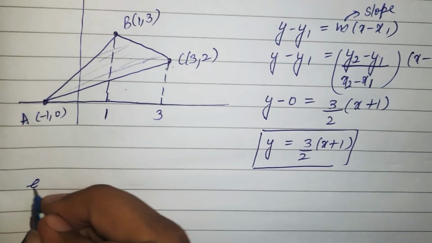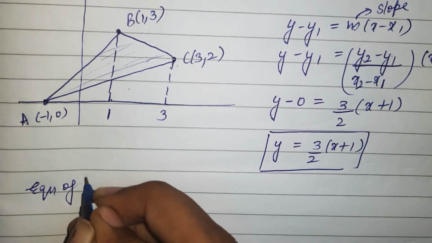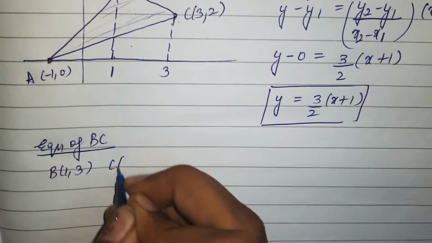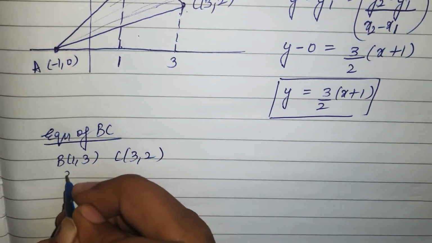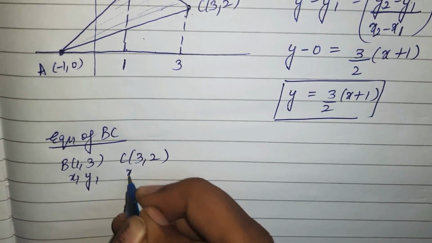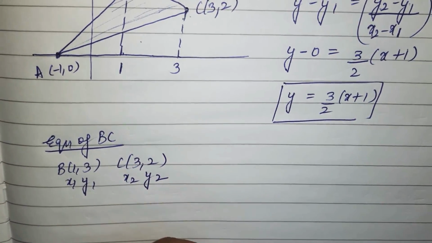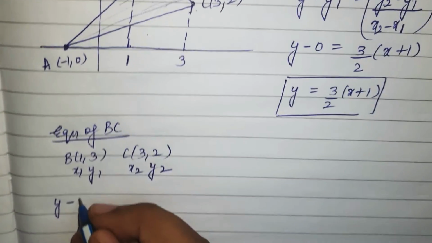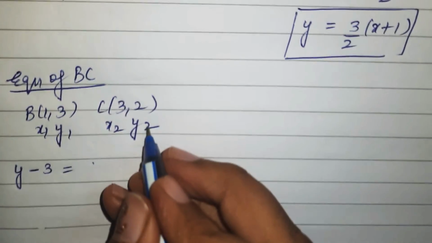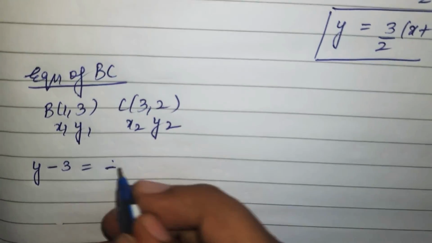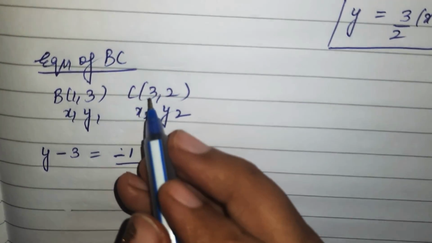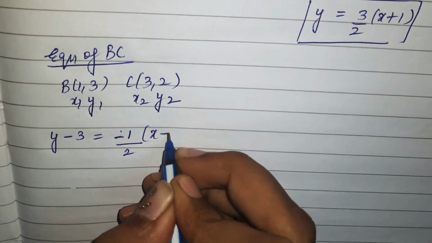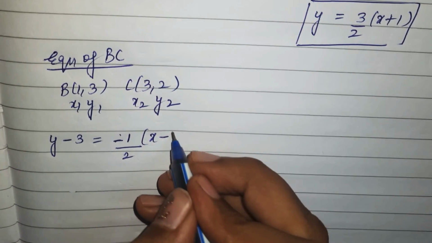Now come to the equation of BC. For BC, B is 1, 3 and C is 3, 2. So this is your x1, this is your y1, this is your x2, this is your y2. So y minus y1, y1 is 3. m is y2 minus y1, 2 minus 3, minus 1, over x2 minus x1, 3 minus 1, 2. x minus x1, x1 is 1.